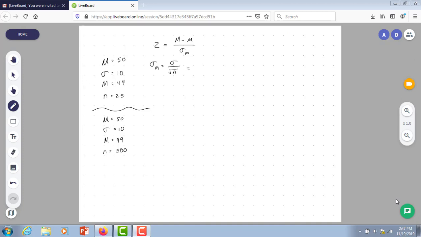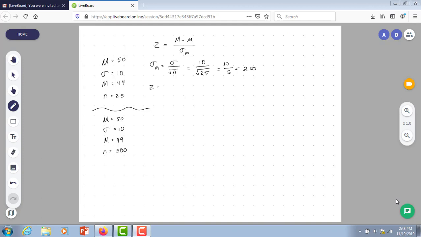If we were to do that out as it relates to the first sample statistics at the top of the page, we would have 10 in the numerator, and in the denominator the square root of 25. If we do that out, we'd end up with 5. With 10 over it, if we did that division out, we'd end up with a standard error of the mean of 2.